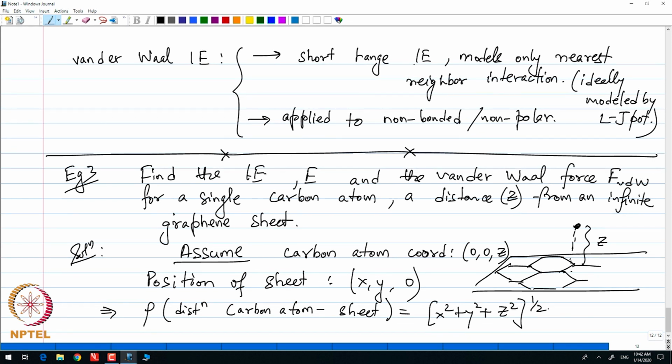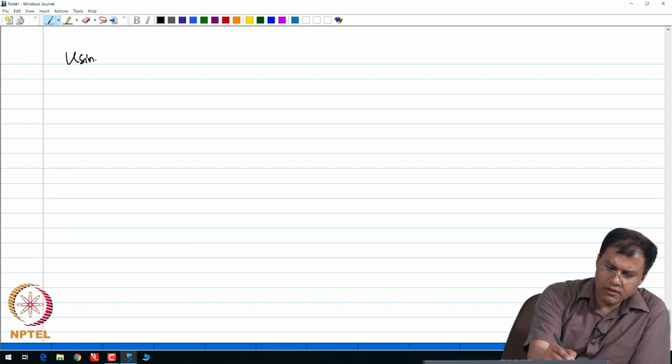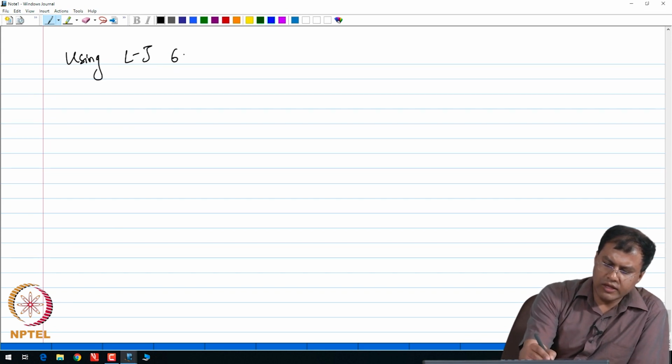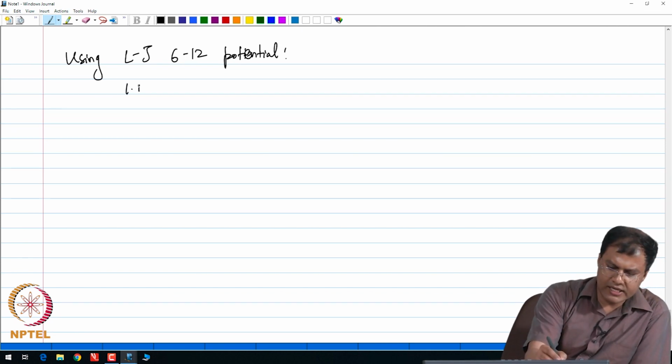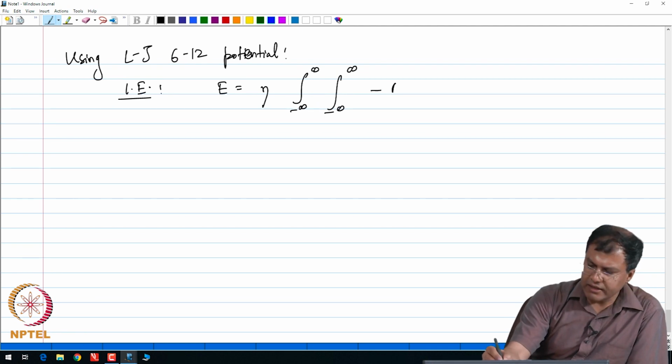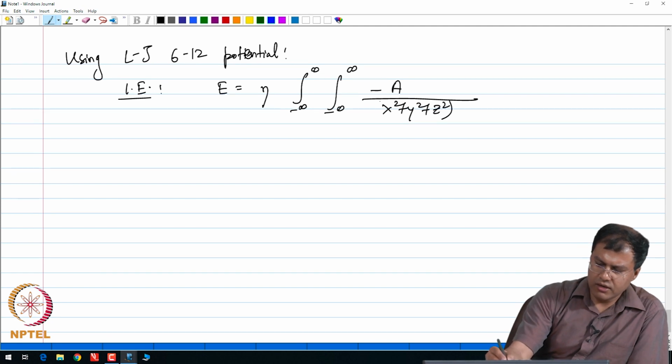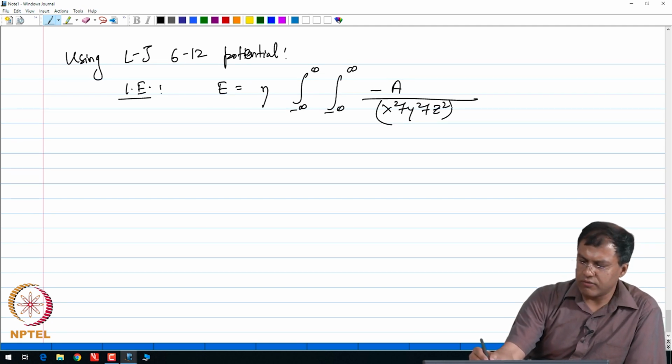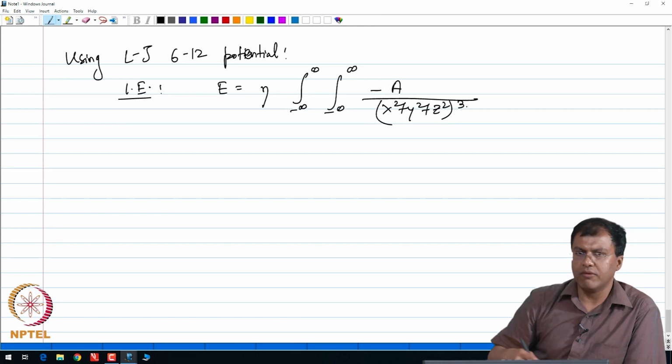Using the Lennard-Jones 6-12 potential, I see that my interaction energy is E, which is eta times the double integral of minus a by x square plus y square plus z square to the power 3.